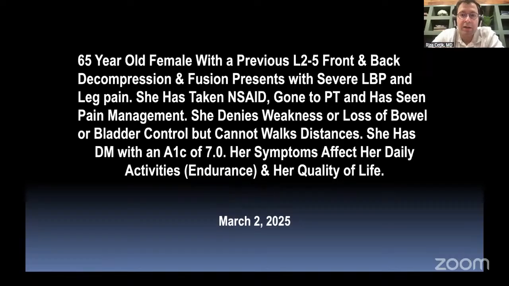She denied any weakness or any bowel or bladder issues, but she's having severe neurogenic claudication and cannot walk distances. She's diabetic with a hemoglobin A1C of 7%, which is reasonably well controlled. Her symptoms were severe enough to affect her daily activities and her quality of life.